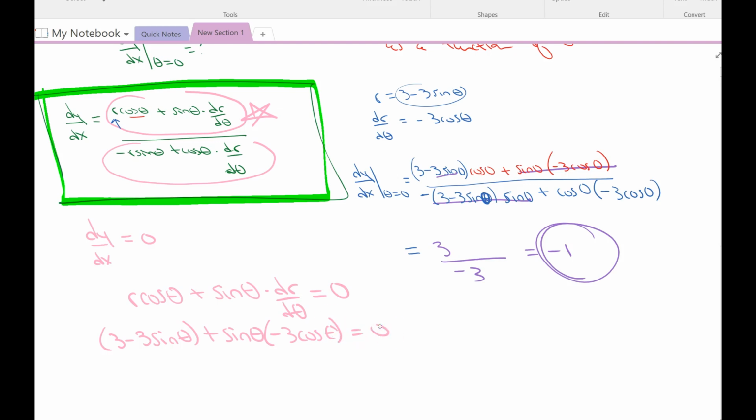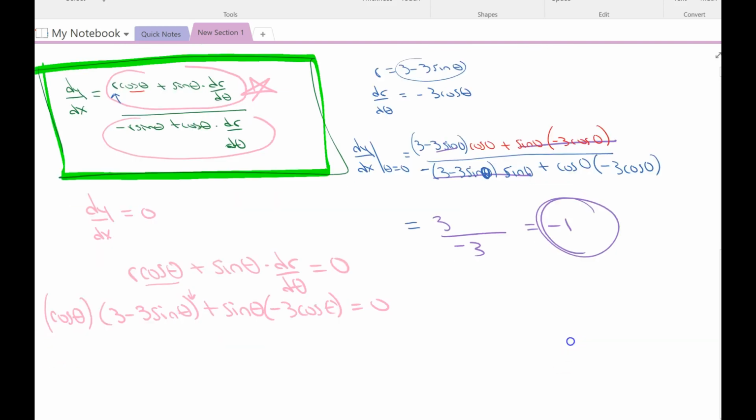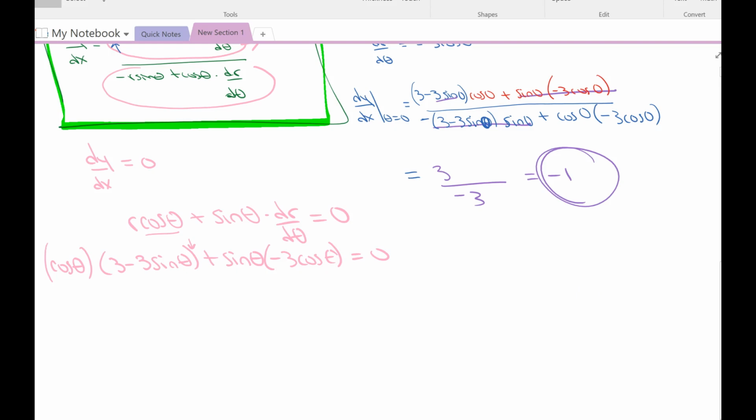Equals 0. I think I forgot a cos theta; I'll squeeze it right in here. Now I'm trying to solve this equation. I see these two terms and I'm going to factor out a cosine theta.